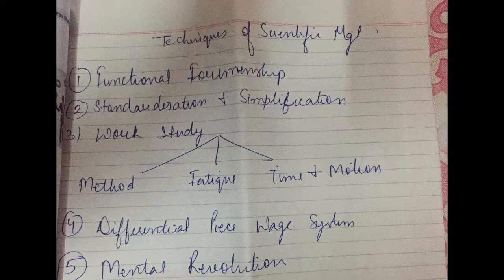In this technique, Taylor is focusing on separating the planning and the operations departments. We have done the levels of management, in which there were 3 levels: top, middle and lower level. In the same way, in this point, he says that 2 things will be there, that is the planning department and the production department.